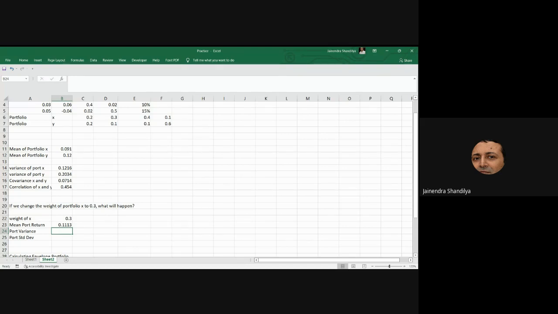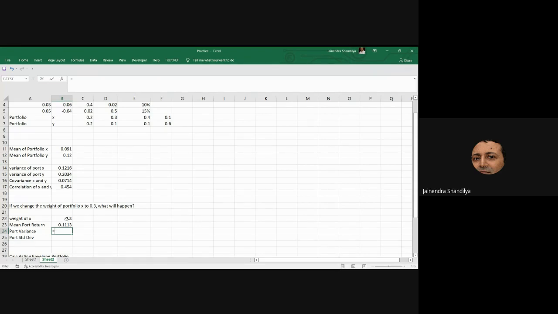If you remember, in this slide, in the PPT, I had written this formula that the variance of a portfolio is the individual portfolio weight squared into the variance of that portfolio, plus the other portfolio weight squared into the variance of that portfolio, plus the combination of 2xy and covariance. So let's see, rather than remembering this, we'll calculate it like this.